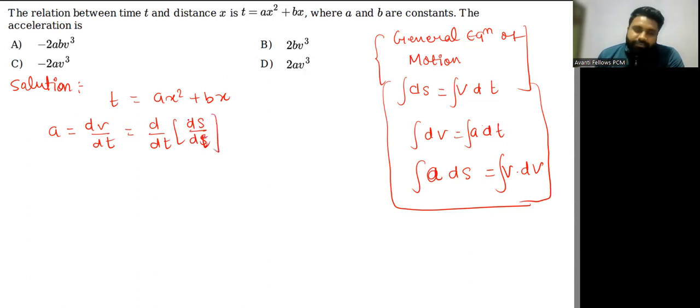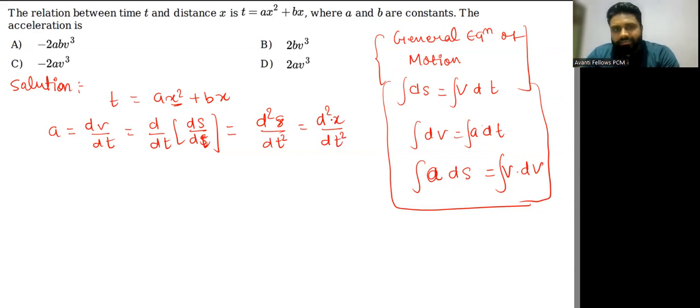If displacement is given in terms of s or x, whatever you are using, acceleration is d2s over dt square. But here the position is given in terms of x, so we use d2x by dt square. So it gives us a clear idea that we have to differentiate this particular relation with respect to time twice.